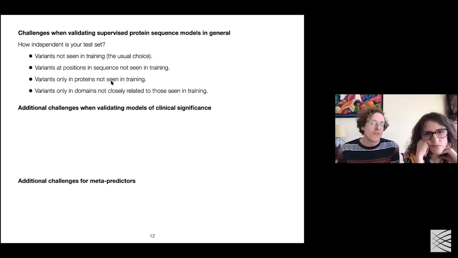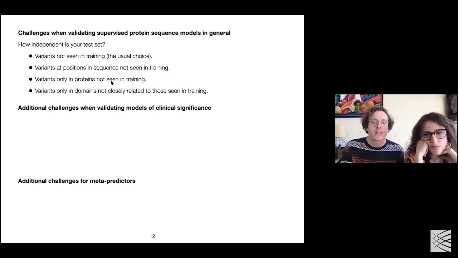Or you could take it even further and say, well, many proteins have very closely related domains, and so I'll only test on protein domains where nothing similar has been seen during training. And obviously, which is appropriate depends on the problem at hand. But when we're trying to do variant classification, we're trying to do a range of these things. And it's really on the onus of the model builders to show that you have sufficient generalizability to do the task at hand.